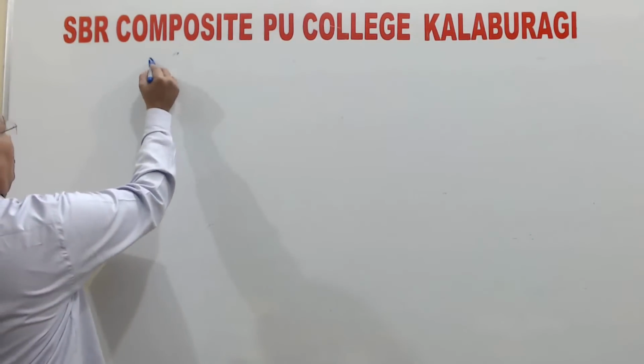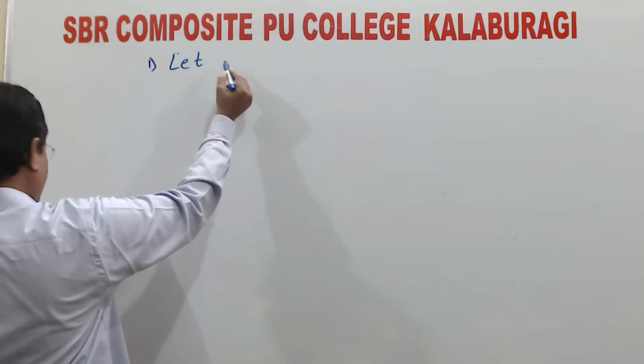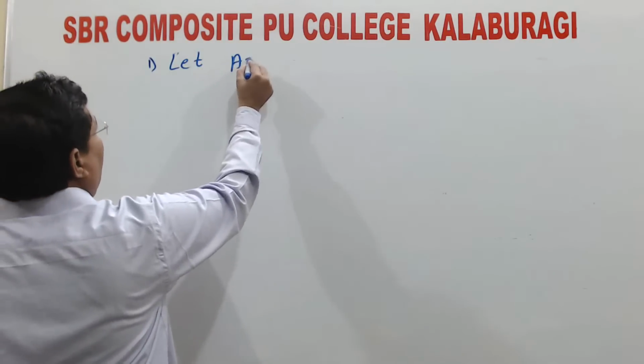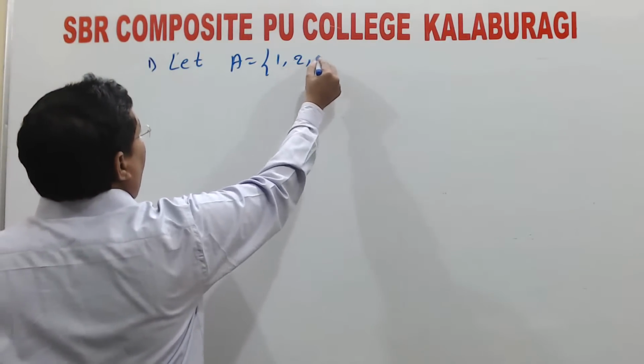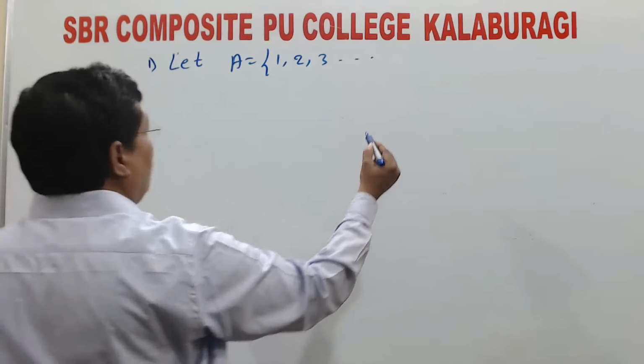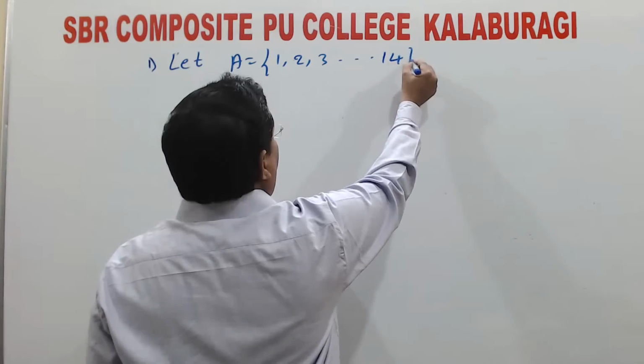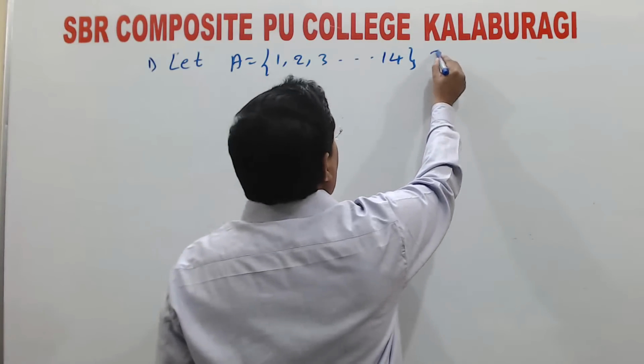First example: let A equal to 1, 2, 3, and so on up to 14.